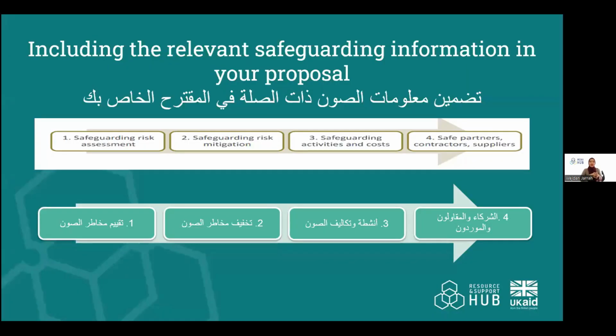Next. Now, how to talk about the proposals. Let's talk about the first step for every project in the beginning. There's something called safeguarding risk assessment. When we talk about risk assessment, we have to imagine.